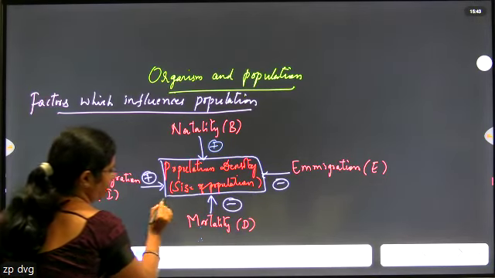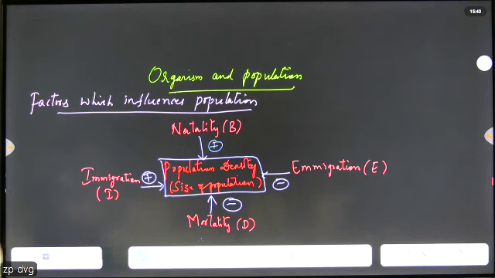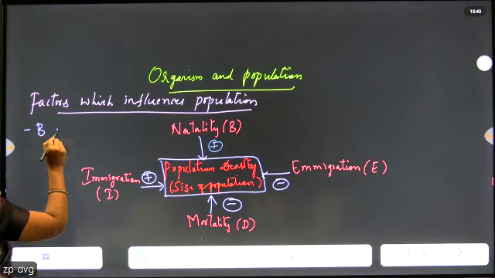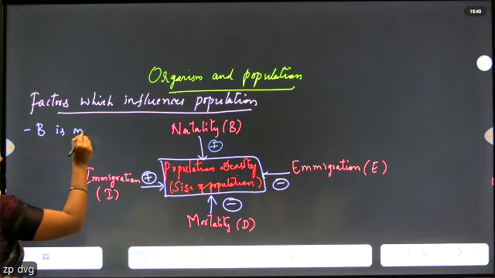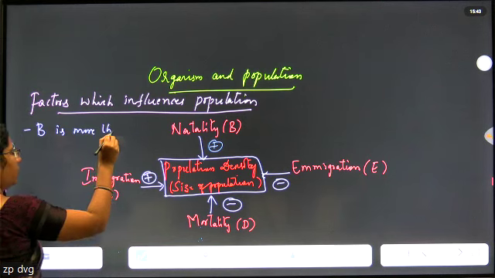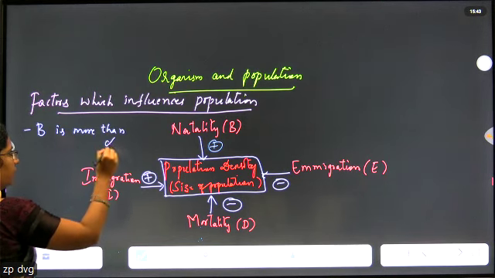So this is how we can express the factors which are influencing the population. One thing we should make clear is that birth rate is always more than death rate.